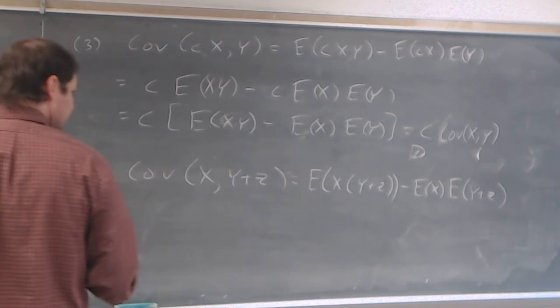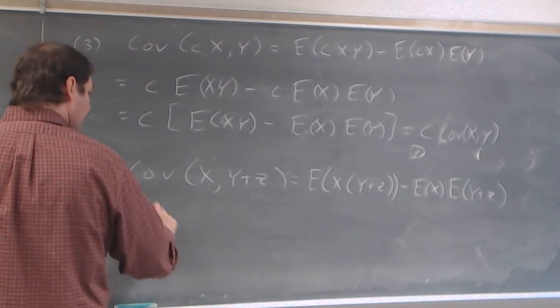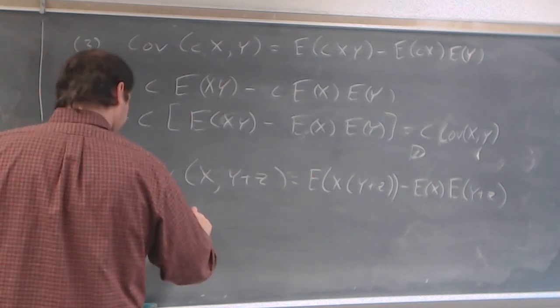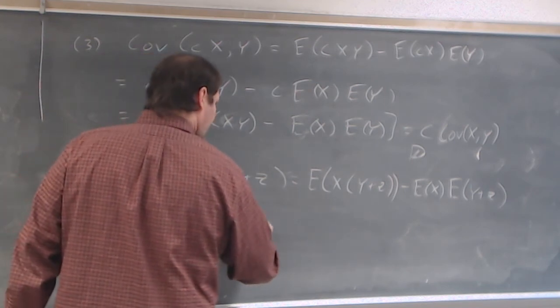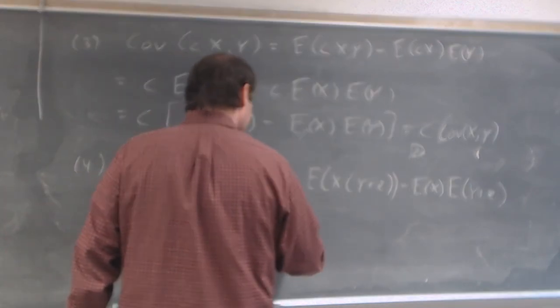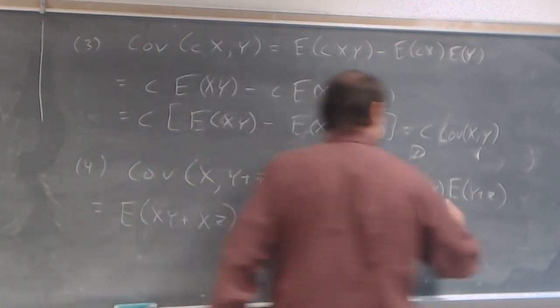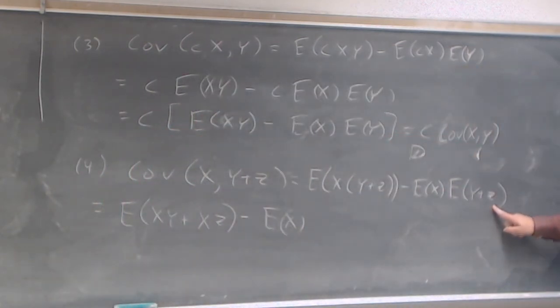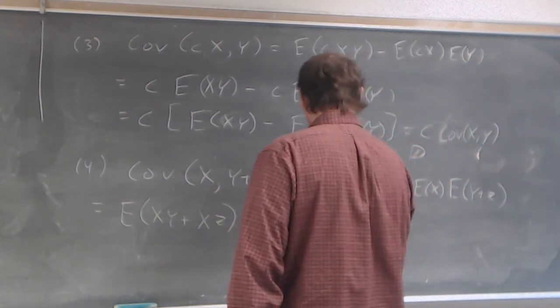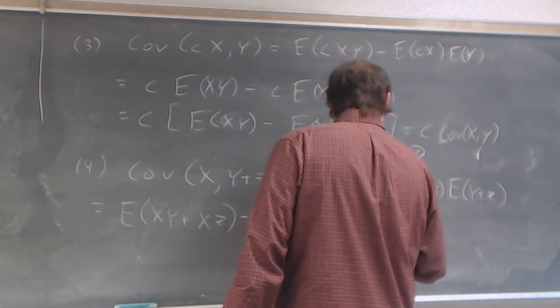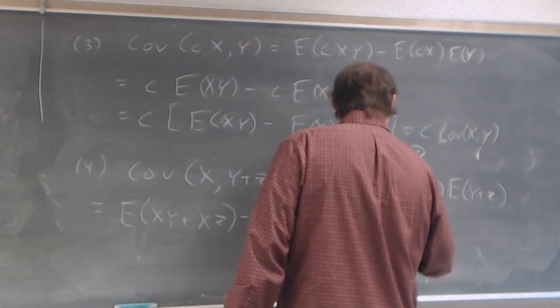And that's going to be equal to the expected value of x times y plus x times z minus the expected value of x. And here, the expected value of y plus z is the expected value of the sum, which we know to be the expected value of y plus the expected value of z.